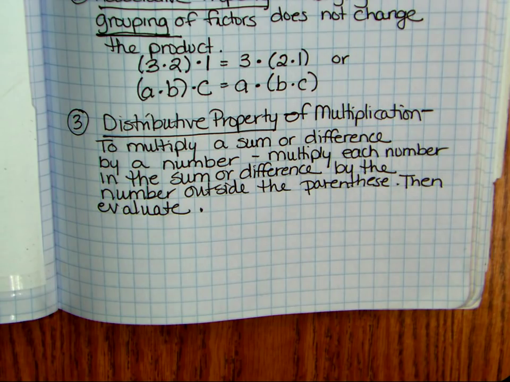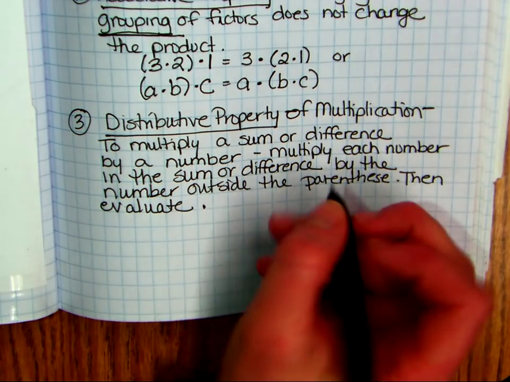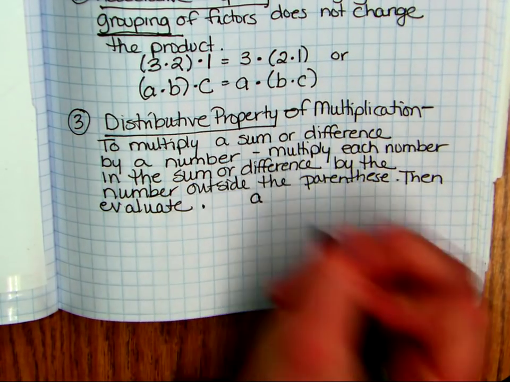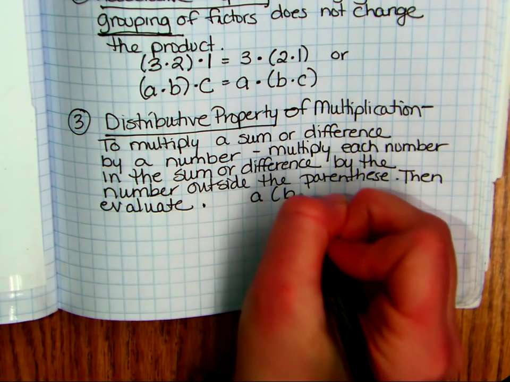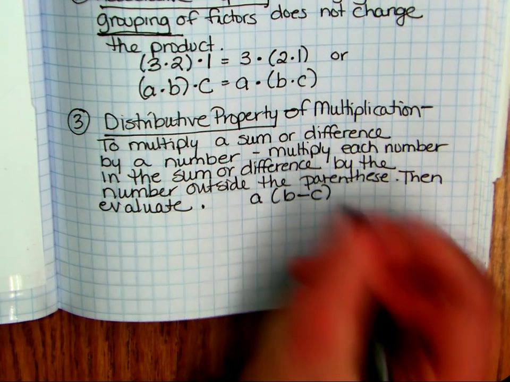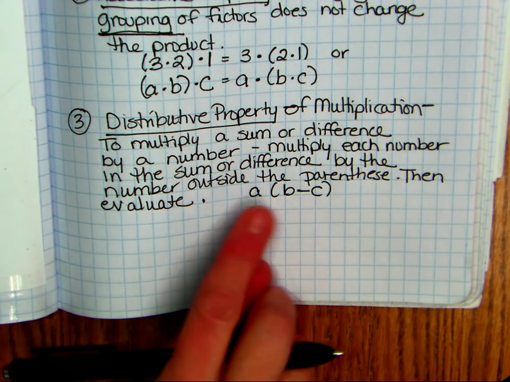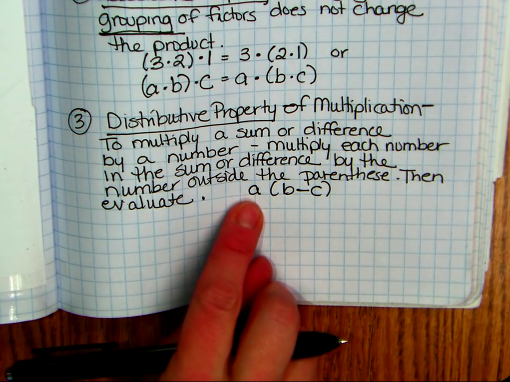What this looks like, guys, is if we were to have, I'm going to write it first in terms of algebra, and then I'll do it in numbers. So if we had A outside of parentheses, we're going to multiply A times B minus C. So I have a difference of B minus C, and I'm going to multiply that by A. Okay?